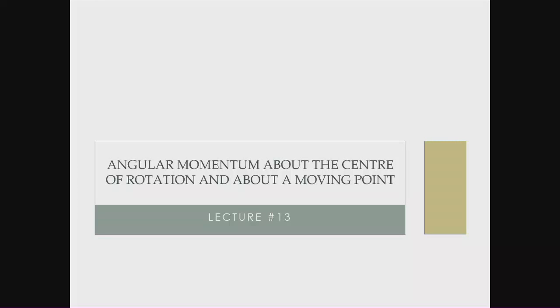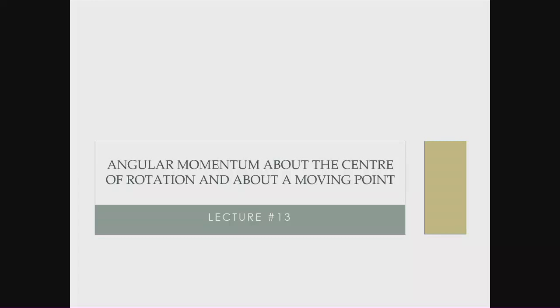Now we are going to do H, angular momentum, about, I'll call this point O. O will be, in this lecture, the center of rotation for purely rotational motion, which I will define what that means. So we will have a special case. And also about some general point, so I'll call it C. C would be some general point.